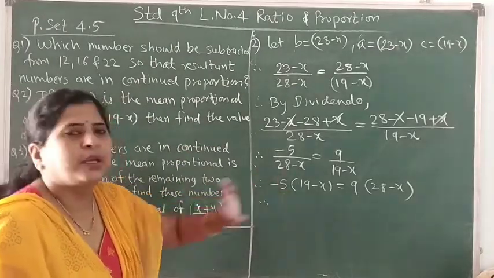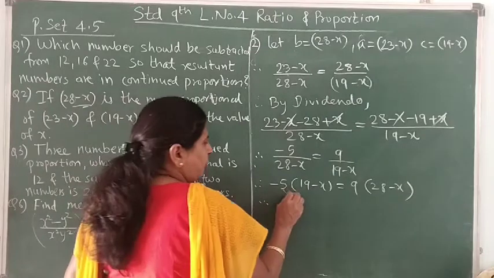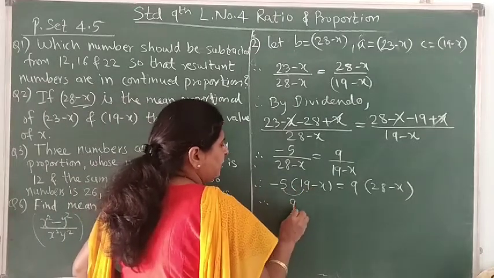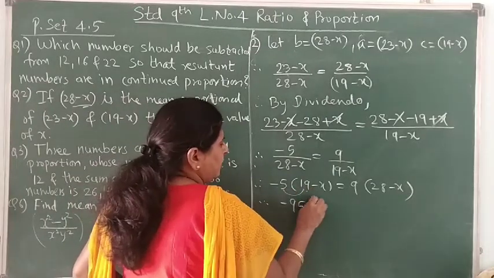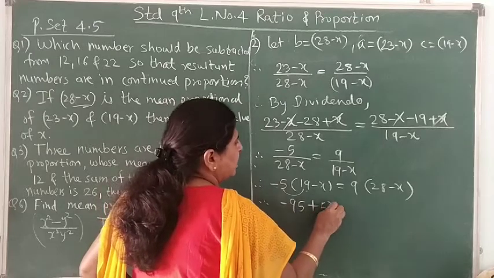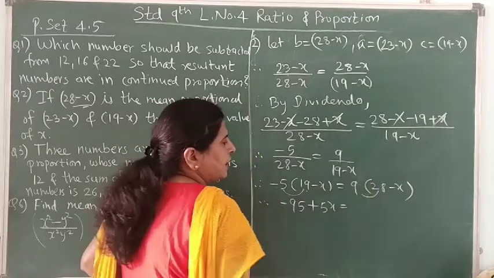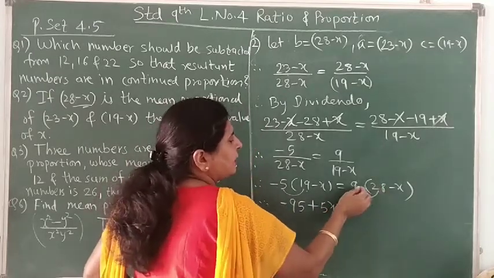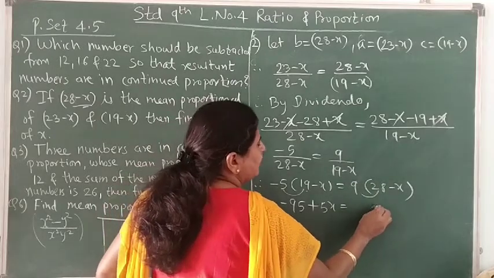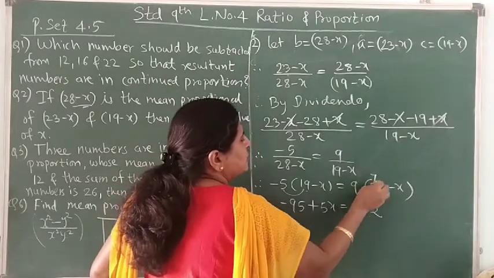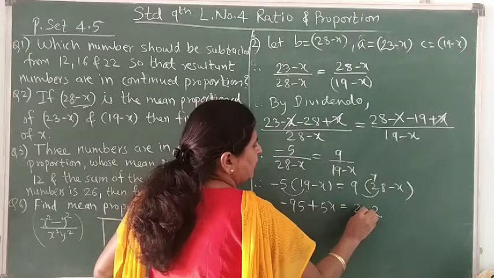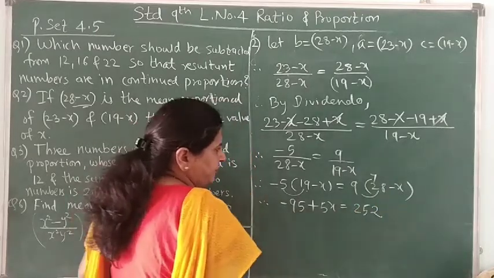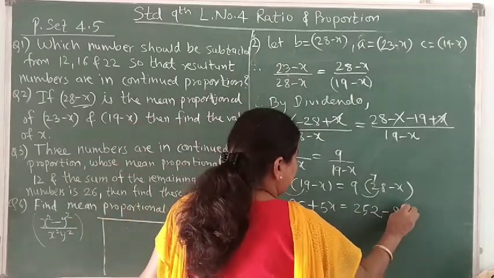Here we have just a number into a binomial. Take the product, 19 5s are 95, minus 95, minus minus plus 5x. Now 28 9s are, if you do not know the table of 28, you can go for 9 8s are 72, 9 2s are 18 plus 7 is 25, 252, yes, minus 9x.